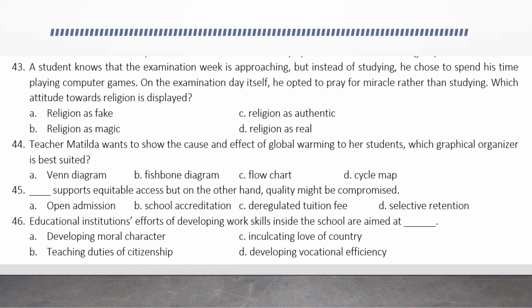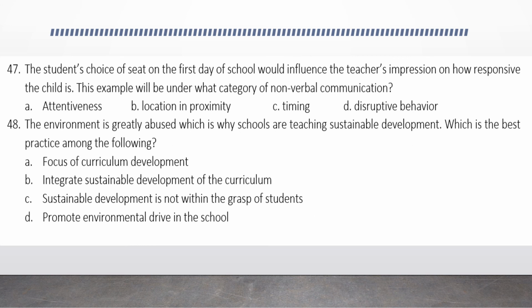Okay? 46, not the last question. Educational institutions' efforts of developing work skills inside the school are aimed at, take note, developing work skills. The correct answer is letter D, developing vocational efficiency. It sounds like a test item. 47.